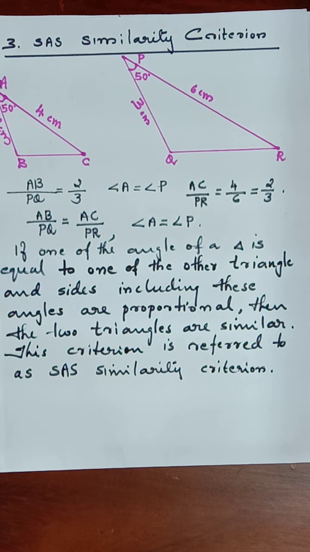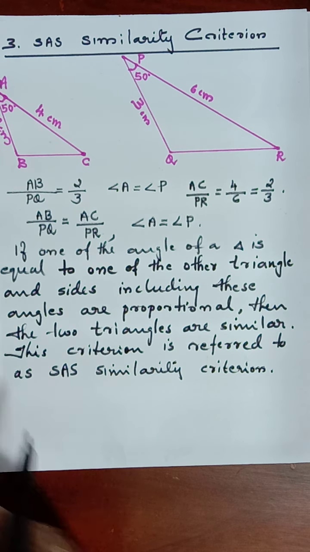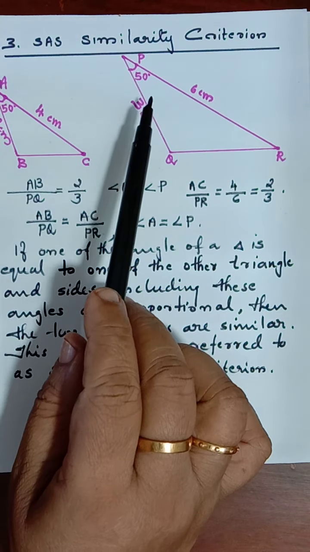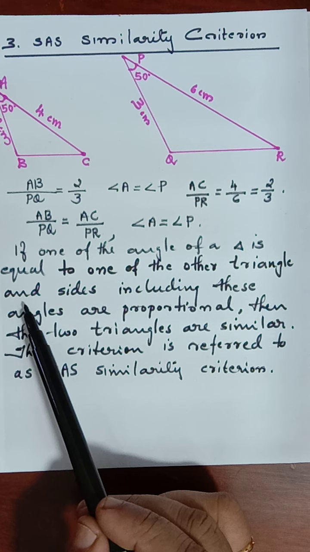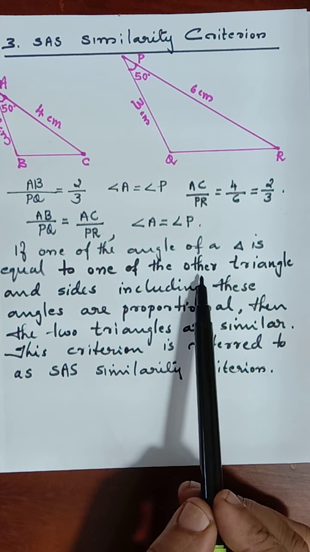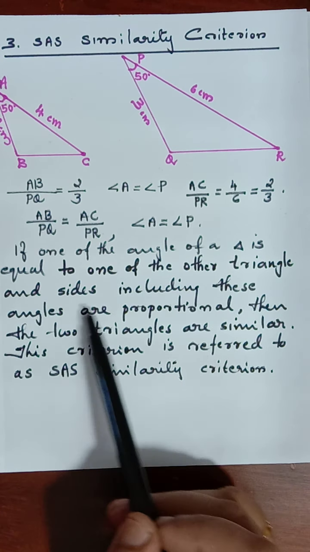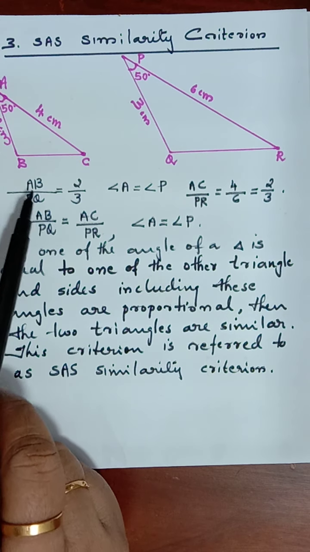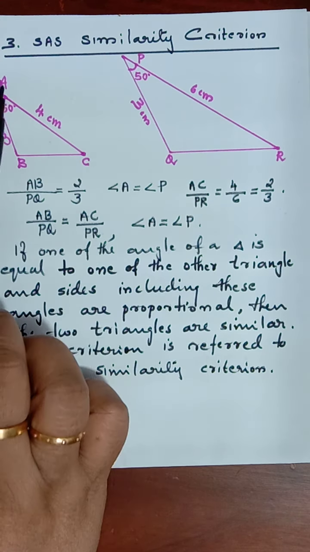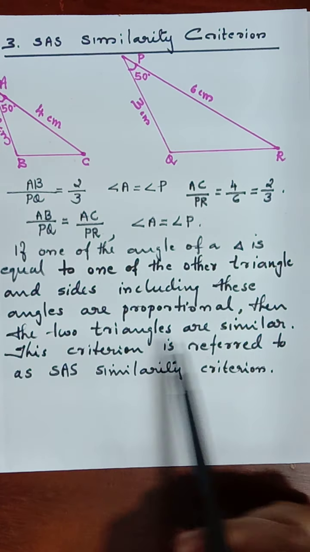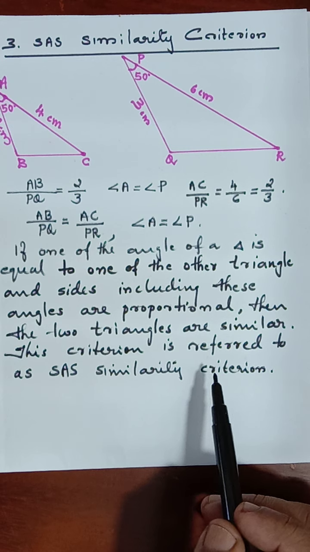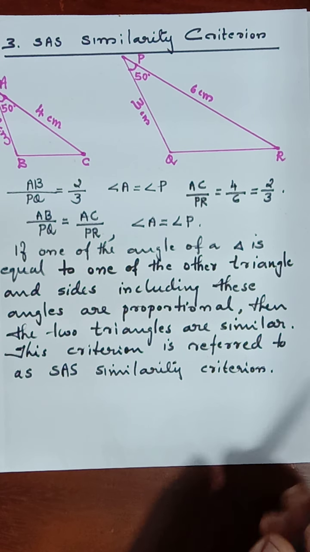Let us see the SAS similarity criterion statement. If one of the angles of a triangle is equal to one angle of the other triangle and sides including these angles are proportional. So see the proportionality, AB by PQ equal to AC by PR. If it's so, then two triangles are similar. This criterion is called SAS similarity criterion.